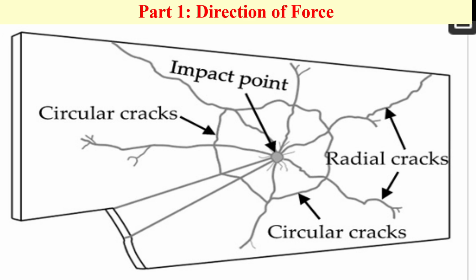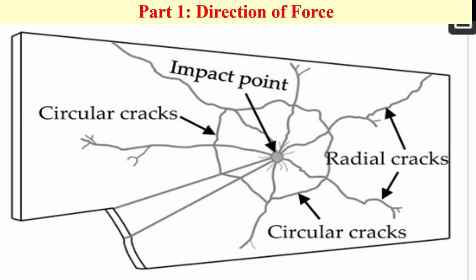So if we establish the glass has been broken by the impact of the force from the inside, meaning from the room side in which the person is living, this can be very helpful in the investigation of the crime.